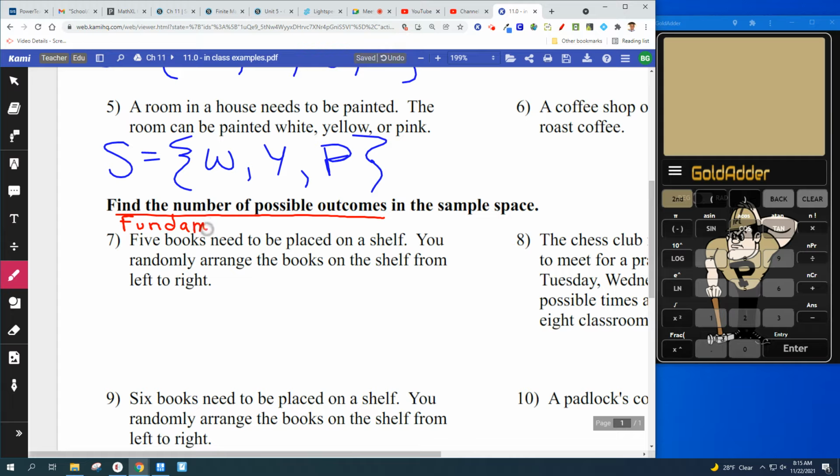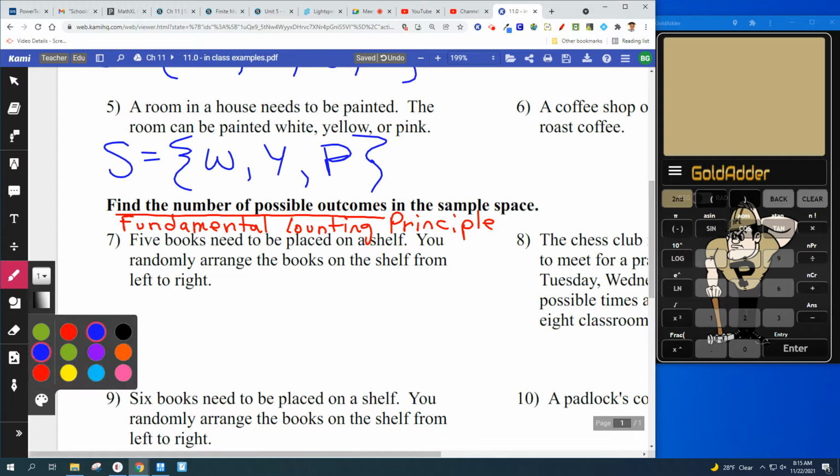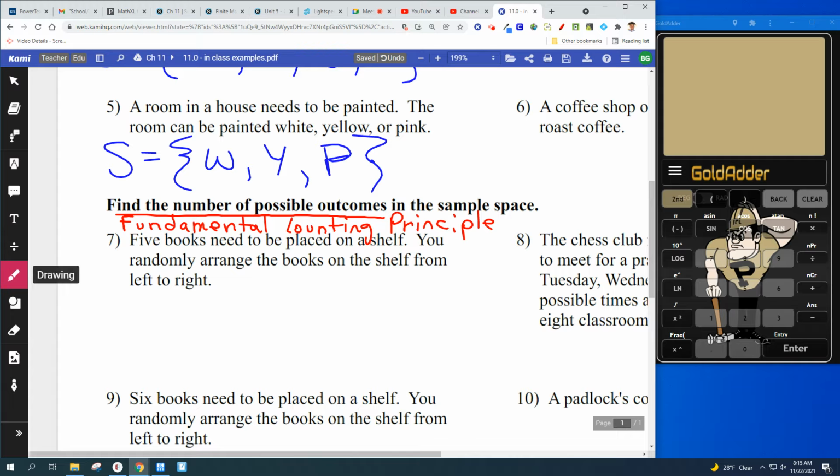this is the fundamental counting principle. And I like to refer to fundamental counting principle as a blanks problem.